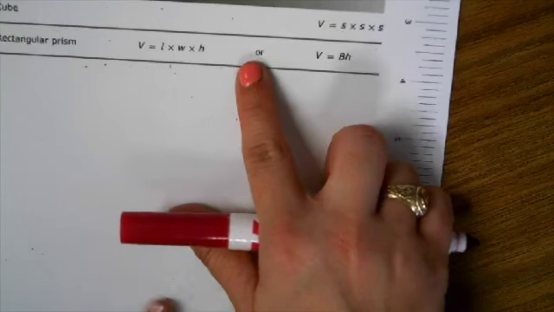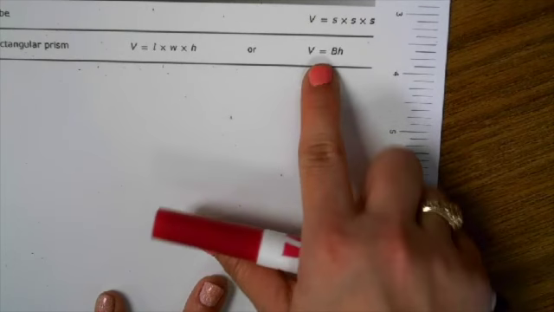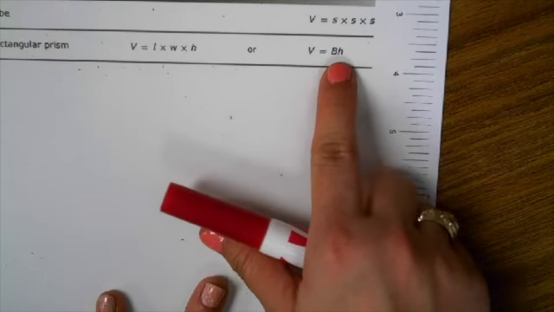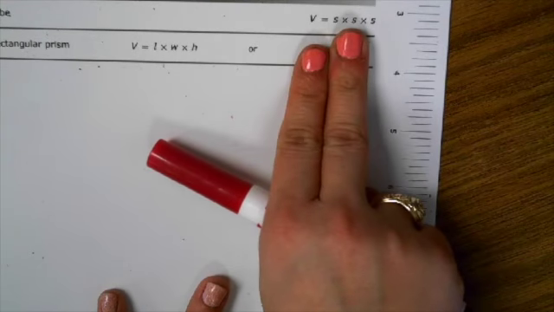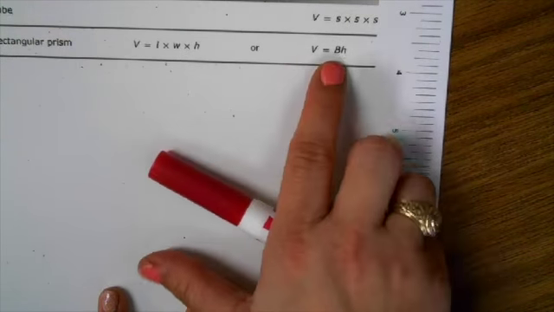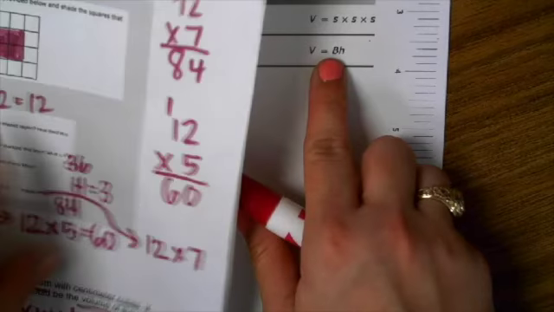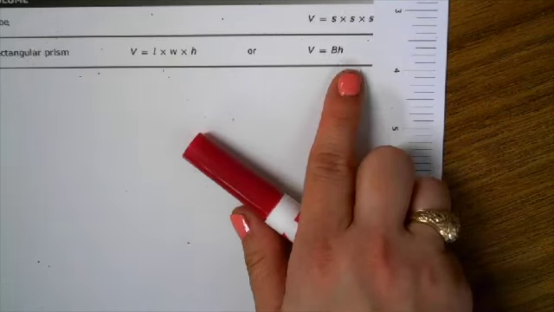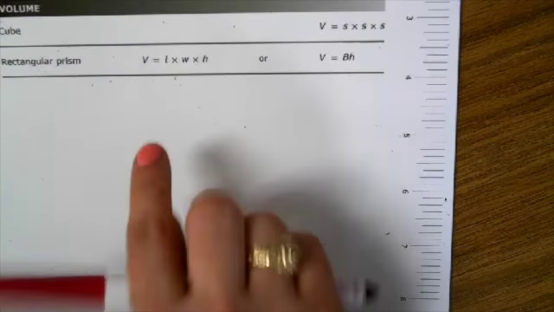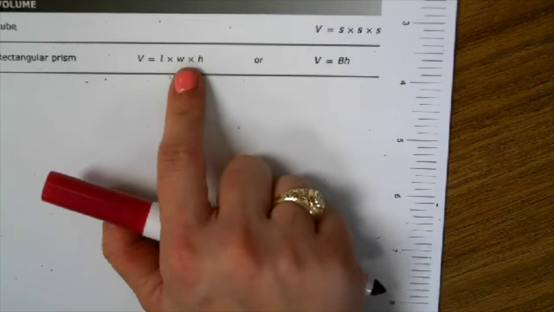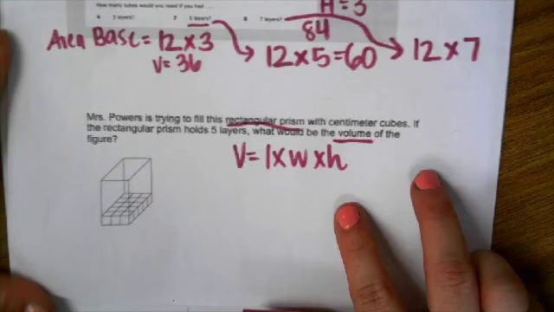But it also had something next to it. It said, or volume equals BH. And I know when two things are touching each other, that means multiplication. So B stands for the base, like we just did up here, times the height. So we can solve these either way. We're going to show it with this way right now.